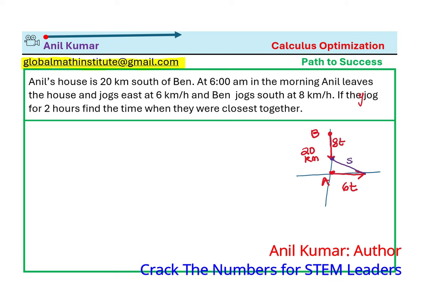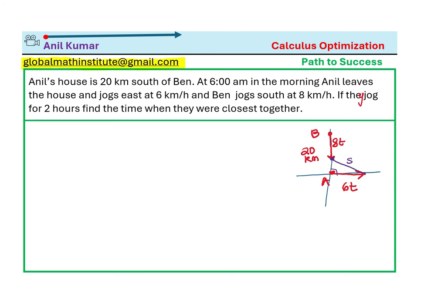Now, how much is S? You can use the Pythagorean theorem. So at any instance of time, the distance S can be written as the square root of (20 minus 8t) squared plus (6t) squared.